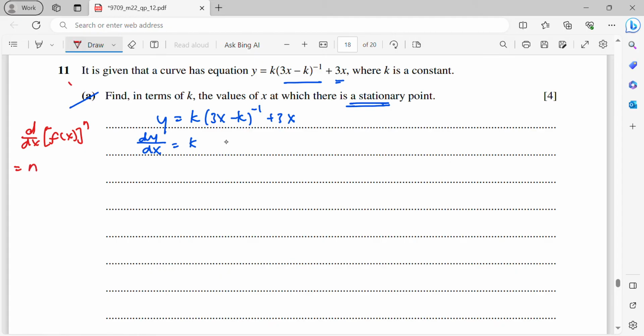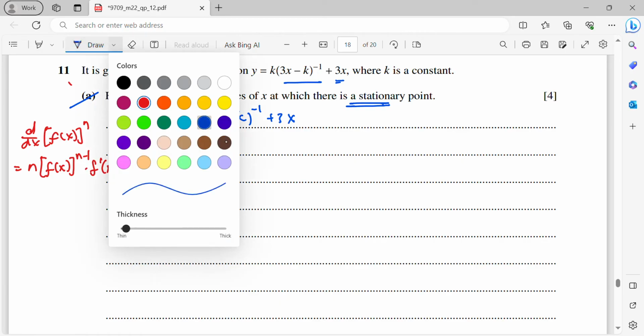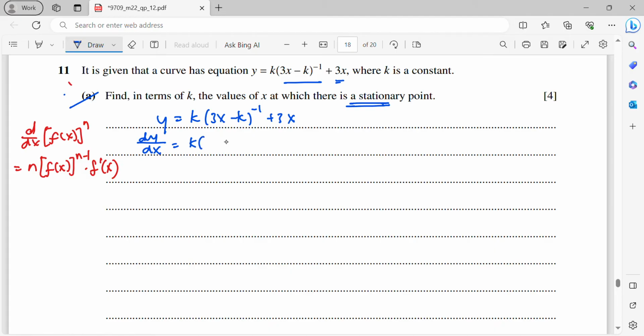So that means you need to bring down the n, rewrite the function, the degree becomes n minus 1, and differentiate the f(x). So now I will bring down the -1, rewrite the function, the degree is -1, so -1 -1 becomes -2, and now when I differentiate 3x minus k, it will be 3. The last term, differentiate 3x, it will be another +3.